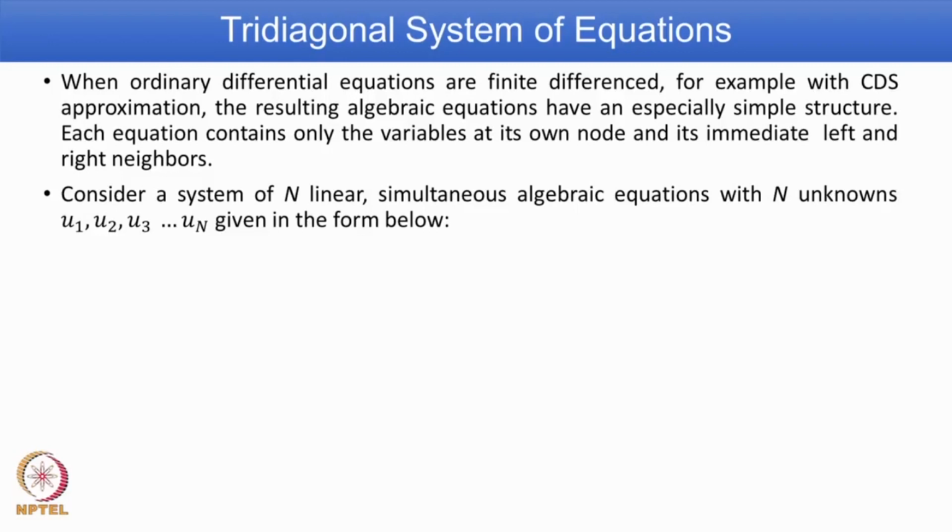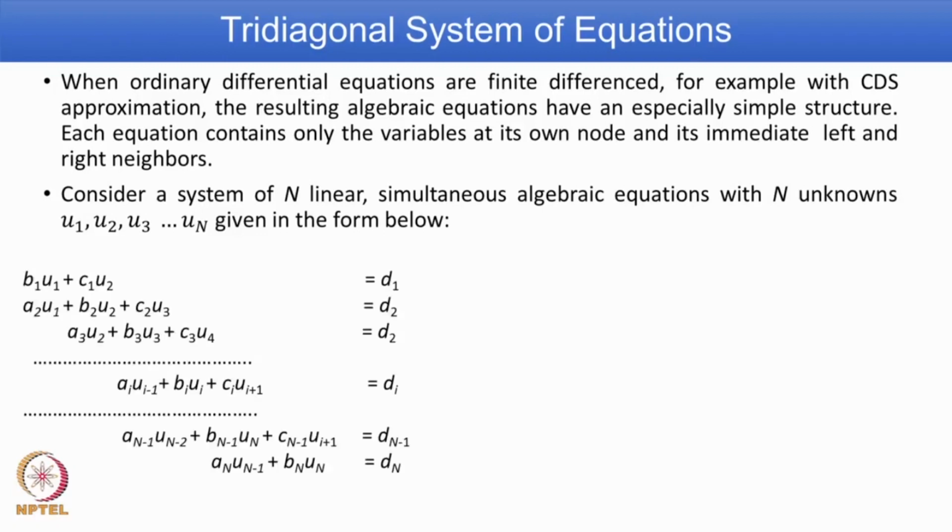Such a system of linear equations with n rows is given here. B1 U1 plus C1 U2 equal to D1, then the next row A2 U1 plus B2 U2 plus C2 U3 equal to D2, and all the way up to the nth row AN UN minus 1 plus BN UN equal to DN.